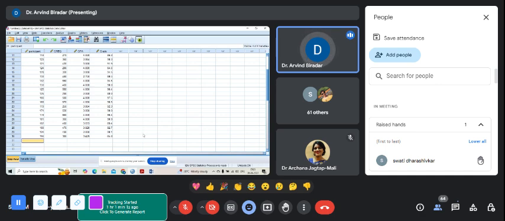Taking only 30 numbers, I am applying regression analysis.